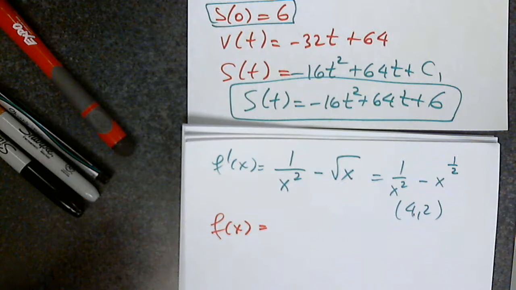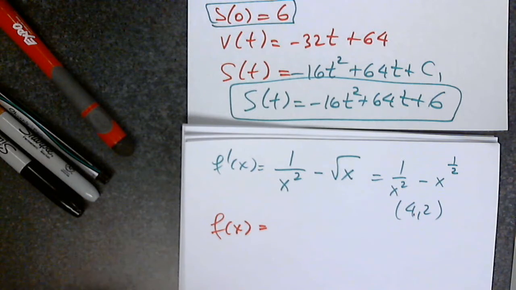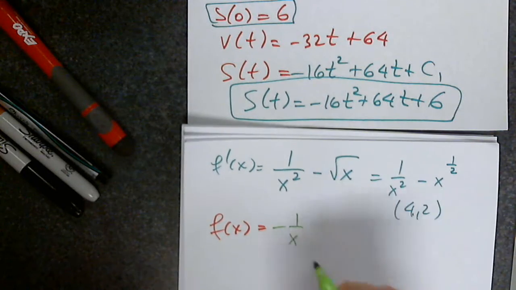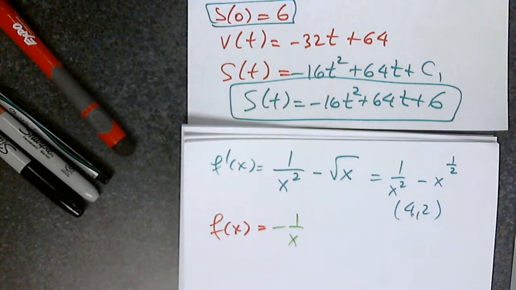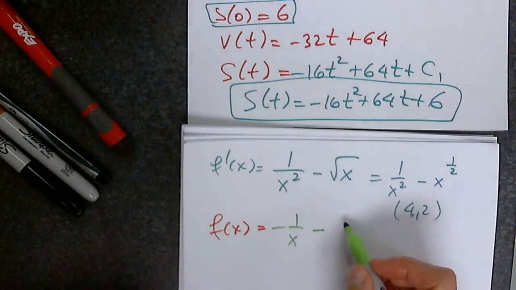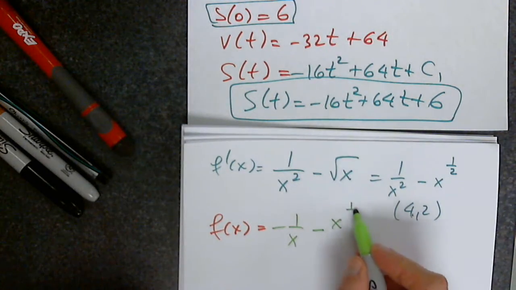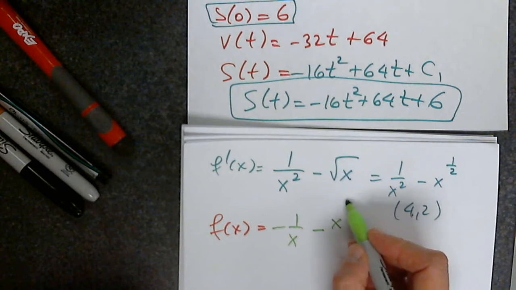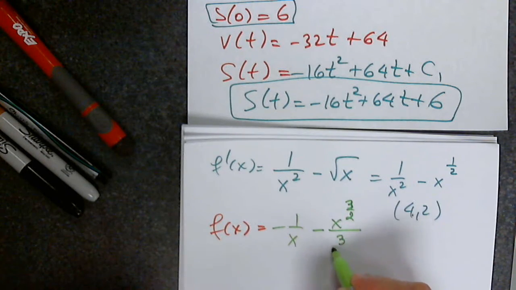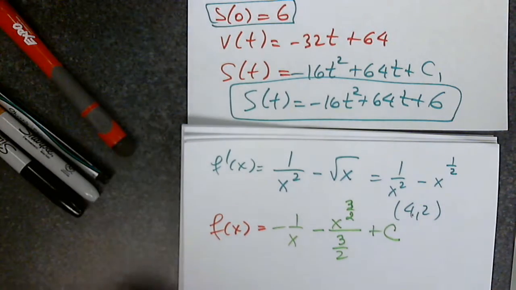What function prime is 1 over x squared? Very good. Yes, because 1 over x prime is negative 1 over x squared. When we differentiate negative 1 over x, we'll get 1 over x squared. Excellent. So minus x to the 1/2 plus 1. 1/2 plus 1 is 3/2, over 3/2 plus a constant c.